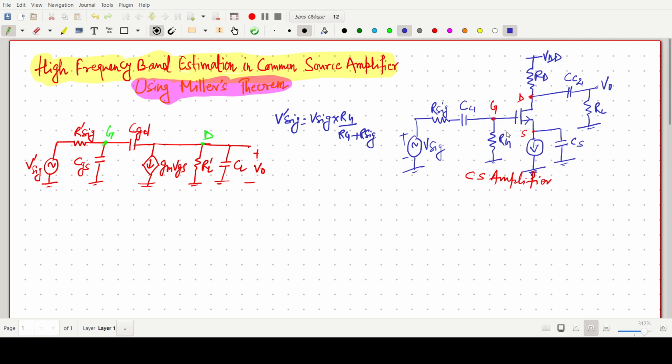Basically, what we are doing, we are taking the equivalent Thevenin voltage in that side. Okay, that is our V dash signal. So V dash signal we have to find. So by keeping this one as a short, it should be V signal into RG by RG plus R signal.